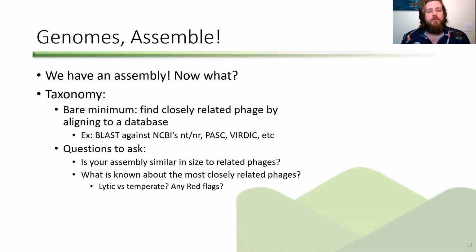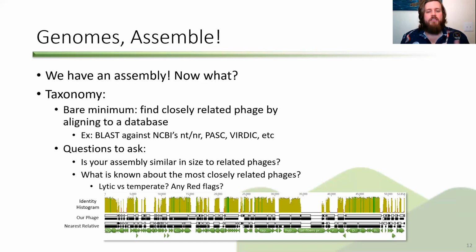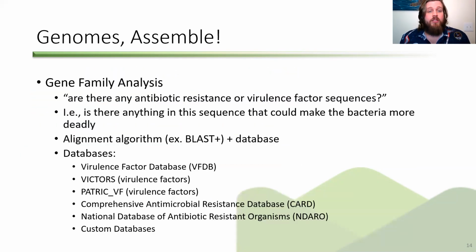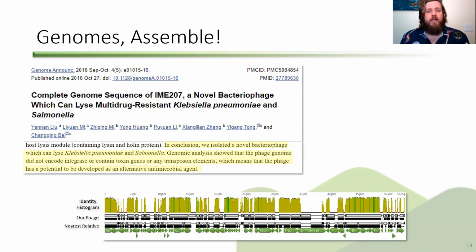And just to give you an example of this, one of our phages, just for a patient we pulled out and doing a blast search for relatives, we found the most closely related relative was about 70% coverage with 94% identity. And doing a literature search on that, we found that it was a Klebsiella pneumoniae phage and a Salmonella phage.